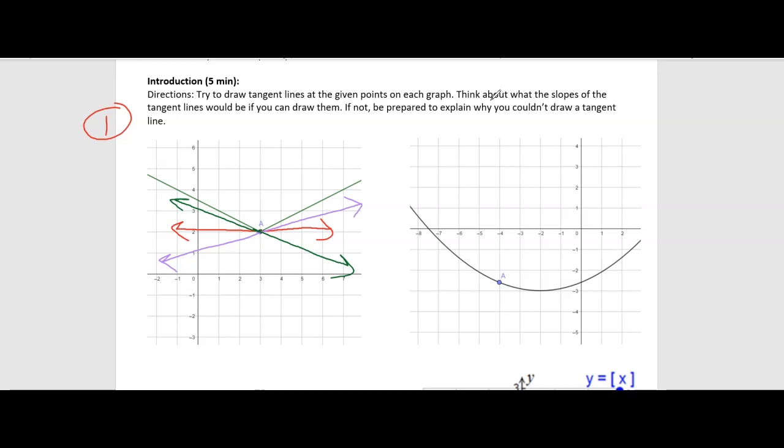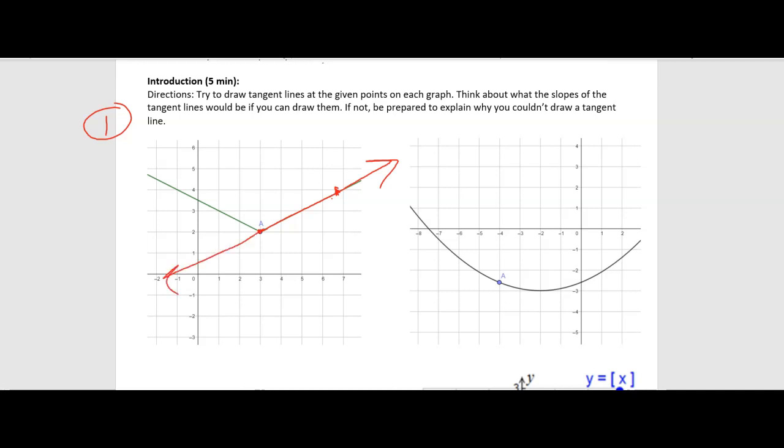And this is because the secant line is not approaching the same slope from both sides. Let me show you what I mean. Let's say my secant line, we're going to approach from the right-hand side first. If my two points are there, my secant line looks like this.